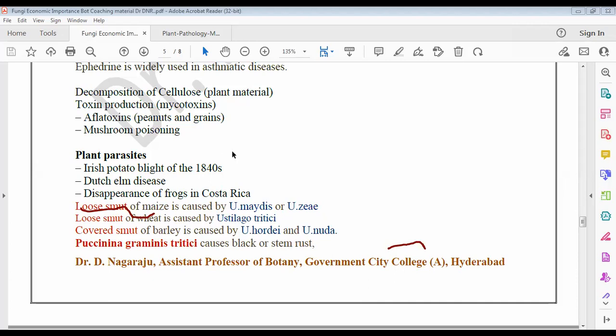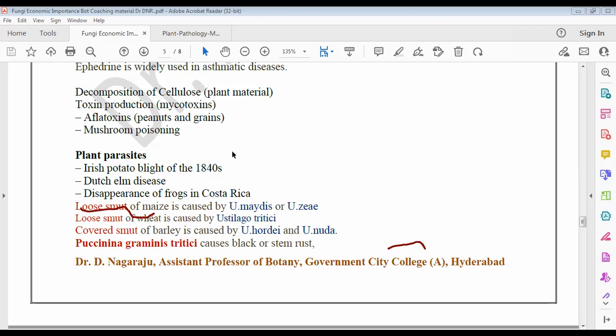So many came from Bangladesh to our India at that time because of starvation in Bangladesh. That single fungi, Helminthosporium oryzae, causes disease on Oryza sativa, rice.